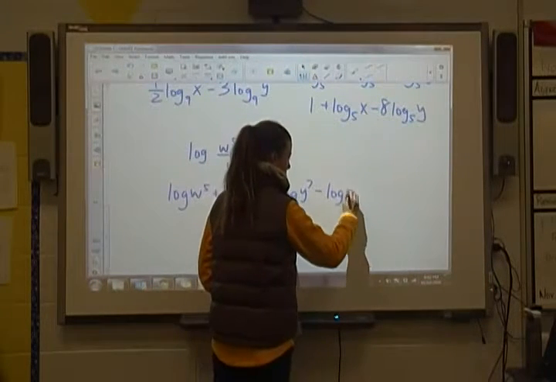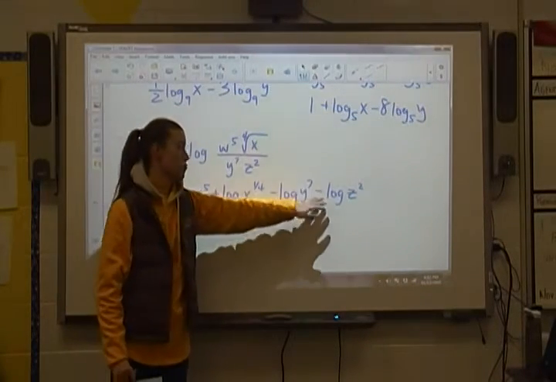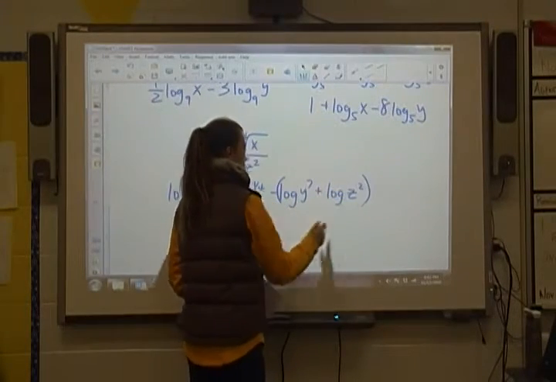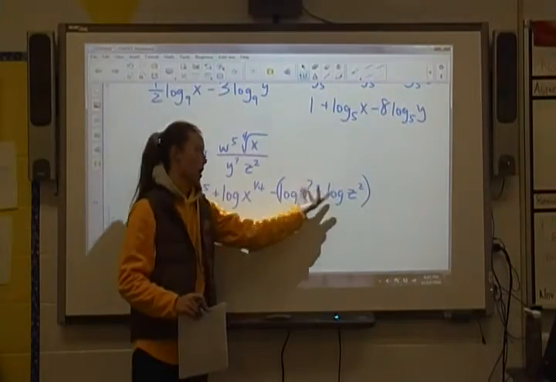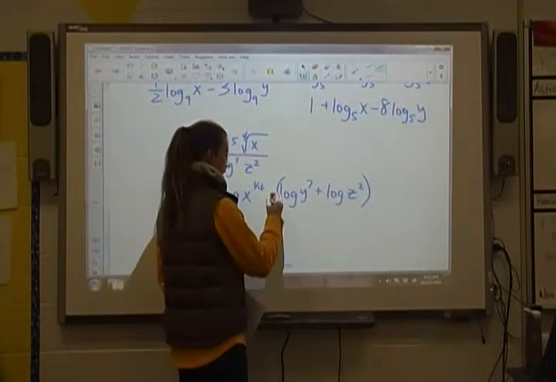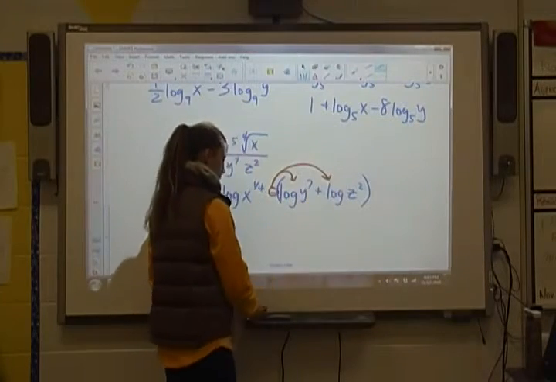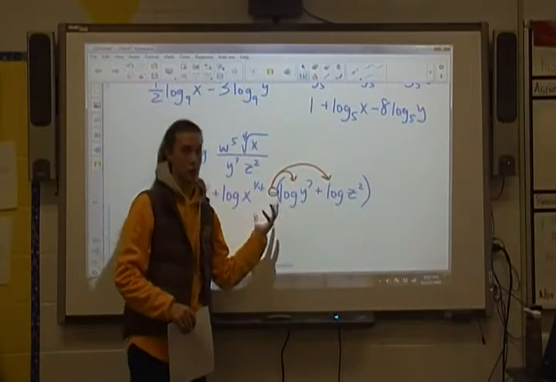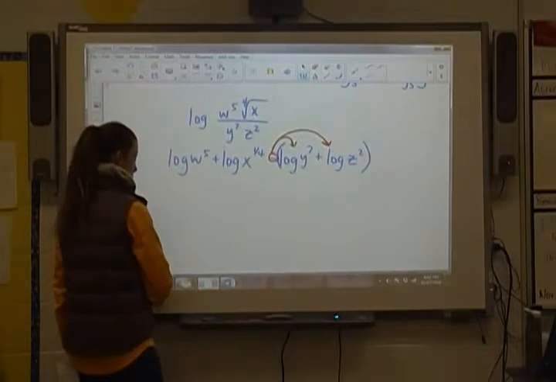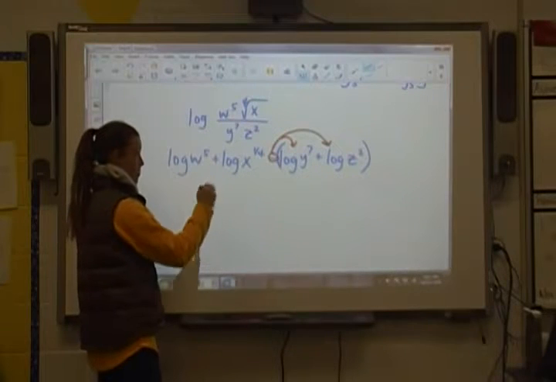It is common log, z to the 2nd. So these were both subtraction. You can kind of think of it as if I had the numerator subtracted by the denominator or divided by the denominator, what I end up doing is I'm actually distributing this to both terms because they're both in the denominator, so they're both being subtracted. So they do need that negative for this to be fully expanded.